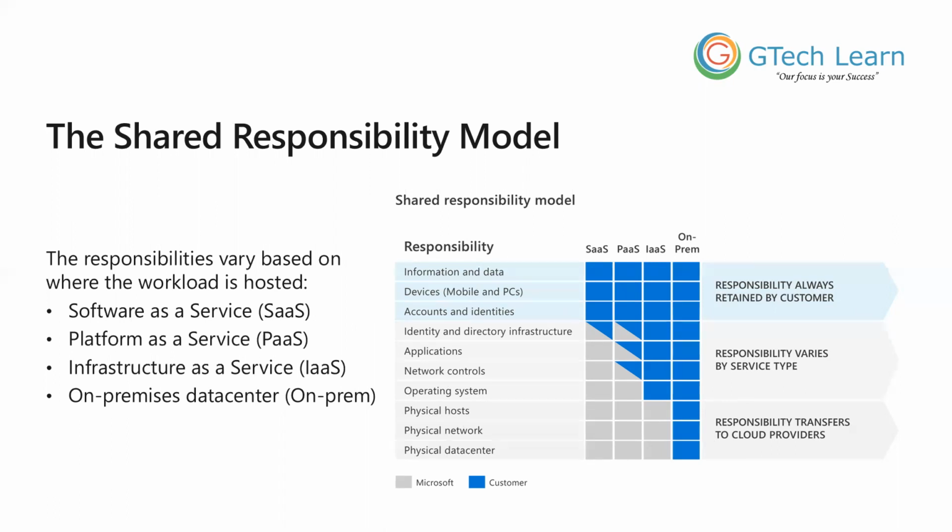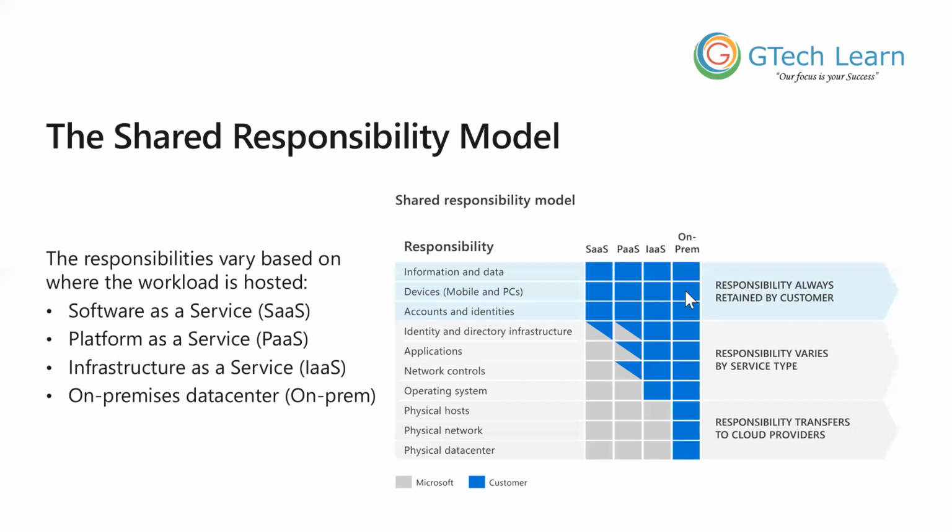organization. After that, when it comes to infrastructure as a service, all the cloud services in infrastructure as a service require the most management by the customer. Means most of the responsibilities are taken care of by the customer.